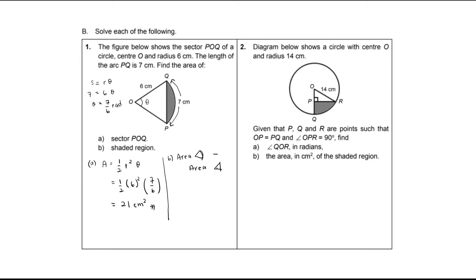So now our aim is to find the area of the triangle. So we want to find the length of this and this. Let's name the middle point here as M.